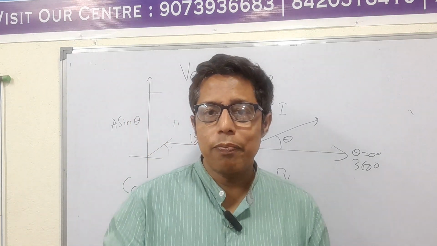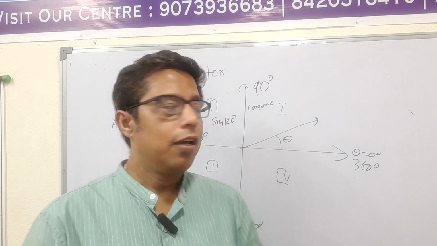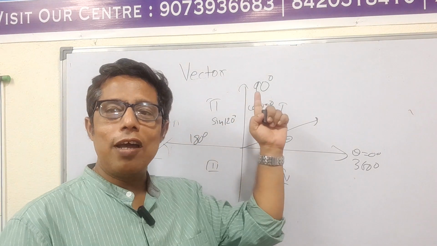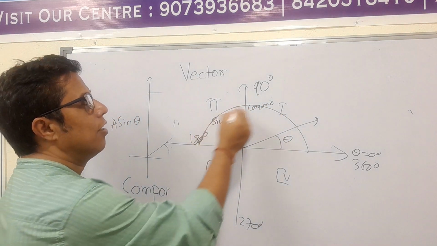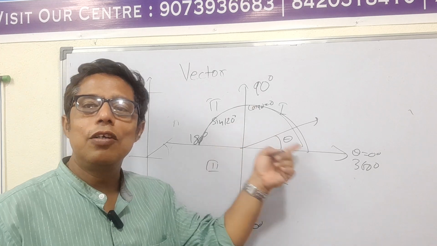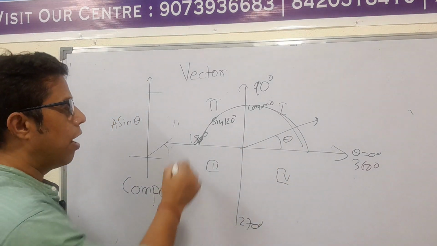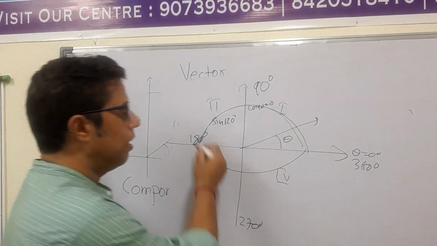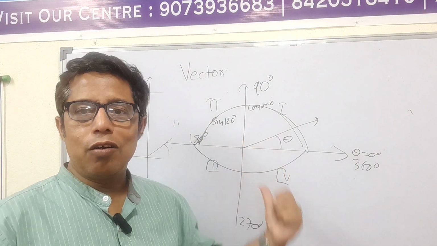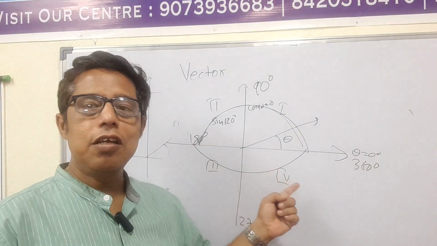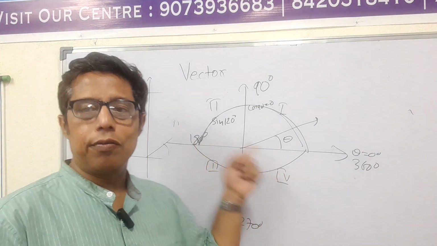Because sine theta means perpendicular by hypotenuse. If you take the y-axis as the perpendicular, y is positive in this range, so sine theta is positive from 0 to 180. Now y is negative from 180 to 360, so sine will be negative here.